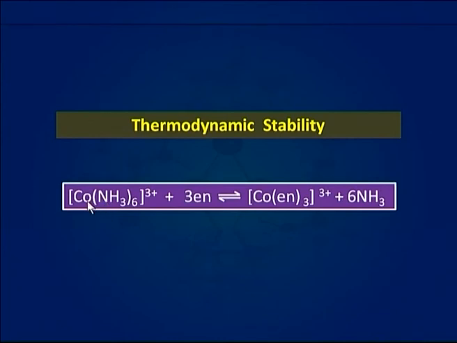6 nitrogen-metal bonds in hexaamminecobalt(III) are broken, and 6 new nitrogen-metal bonds of about the same energy are formed in tris(ethylenediamine)cobalt(III). Therefore, we can say that ΔH is approximately equal to 0.